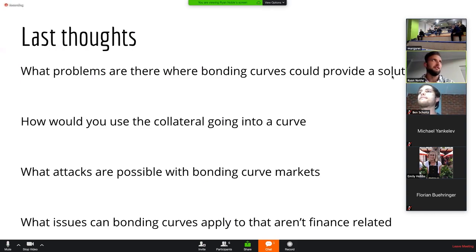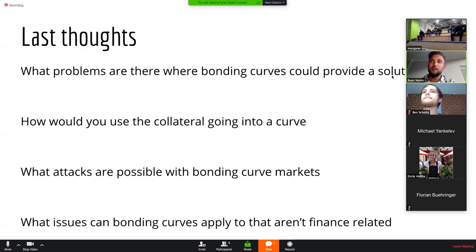Could it be deciding how much a utility might cost, say bandwidth or processing power, access to a room in a hospital? There's a lot of ways that you can use the curves as a demand mechanism in a system. Or what kind of collateral is going into this curve? Are people selling ownership of CryptoKitties to then have shares in CryptoKitties? You can. There's a lot of different ways, especially with fungibles, to make this quite complicated.